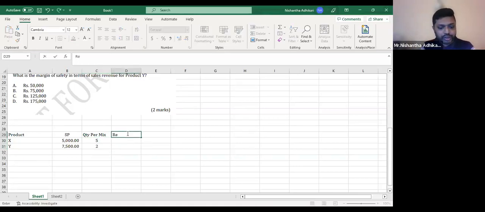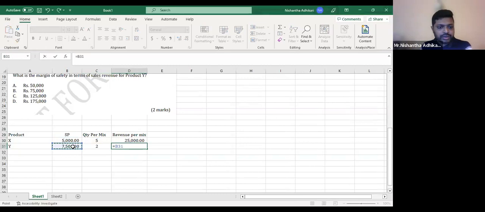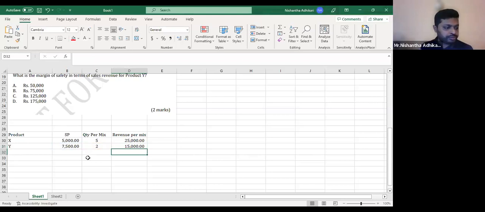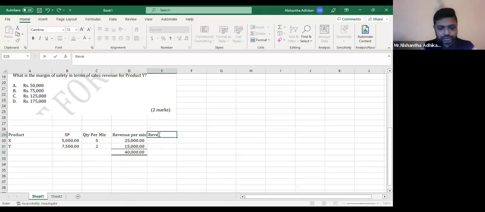Take the revenue per mix. You can multiply 5,000 into 5, that is 25,000, and 7,500 into 2. Total revenue per mix, if you work out, is 40,000. Next step, you have to calculate the revenue ratio.